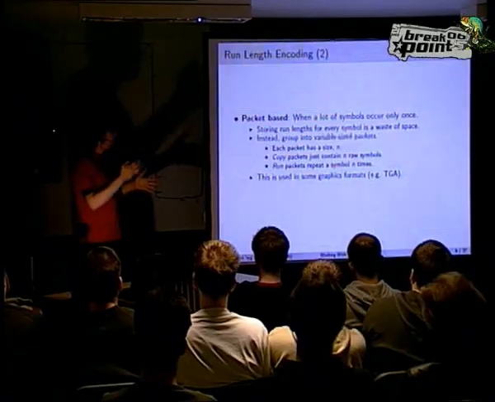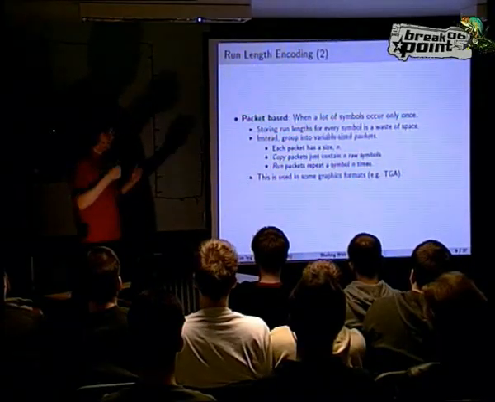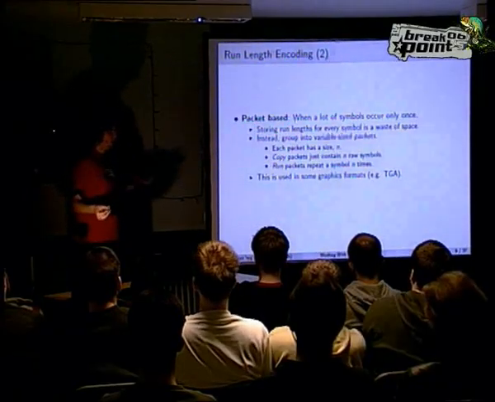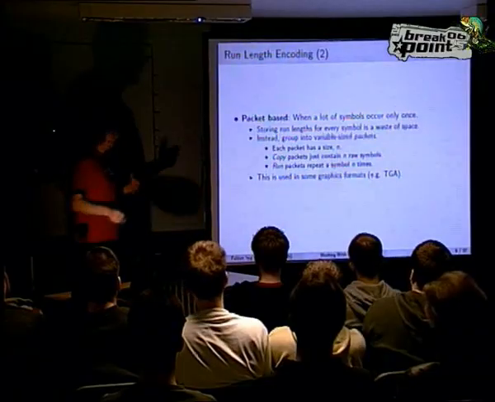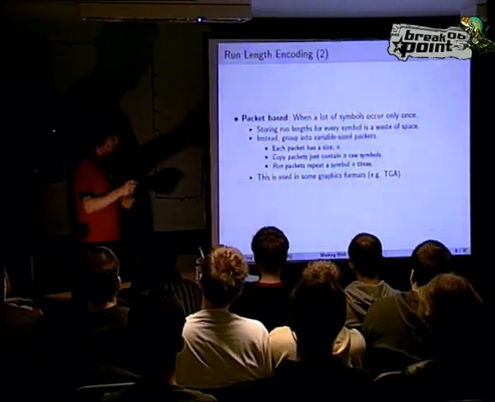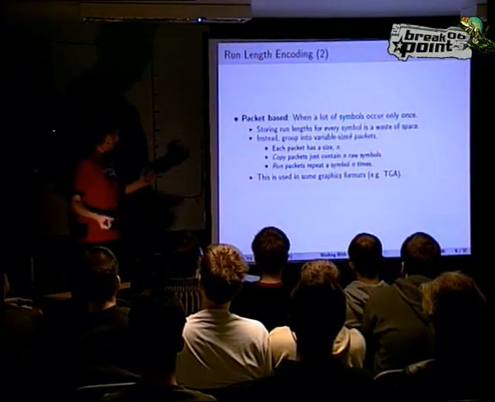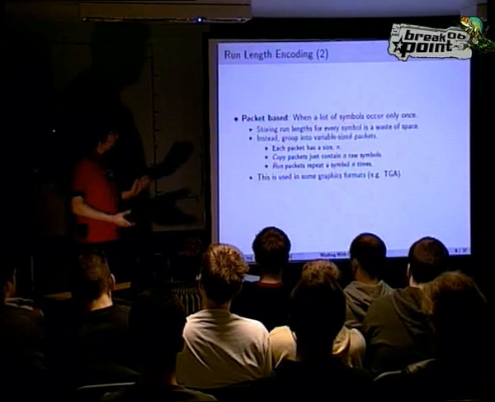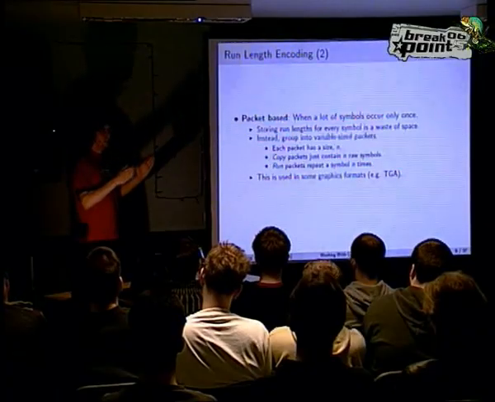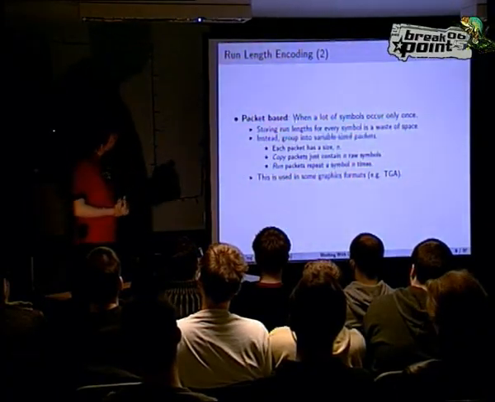Each packet has a size, and it can either be a copy packet, which just says that the n symbols which follow are uncompressed, and you don't do anything with them. And there are also run packets, which means there's just one character code following, and please repeat this character n times. As said, this is useful, for example, for palletized images, where you have large solid color areas. That's the kind of stuff that gets compressed with run length coding, and so it's used in some old graphics formats.